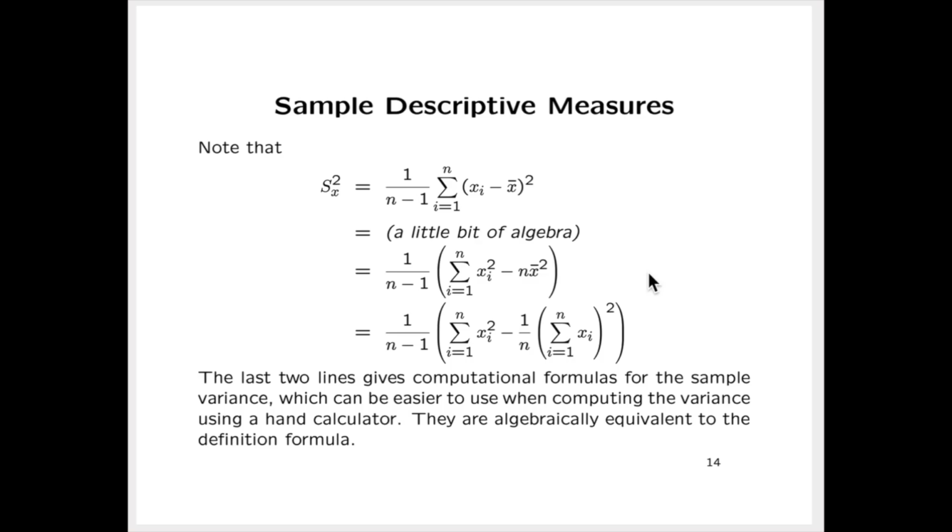For example, if the sample mean has been rounded to a small number of significant digits, or a small number of decimal places, then if we utilize this formula, we may get a slightly different value than if we were to use the definition formula or the computational formula because of that rounding. So just be careful.